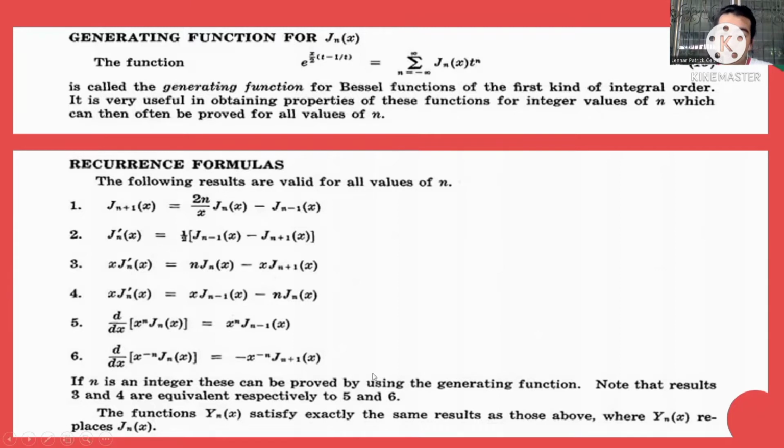Note that the results of 3 and 4 are equivalent respectively to number 5 and 6. So the functions y sub n of x satisfy exactly the same results as those above, where y sub n of x replaces j sub n of x.